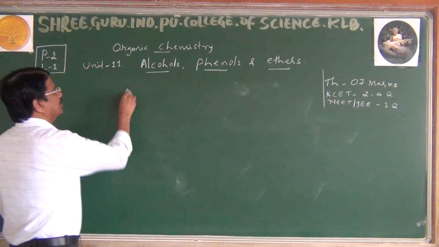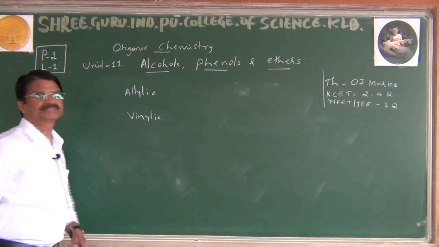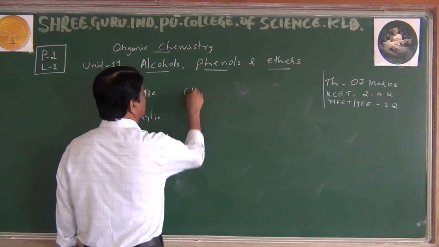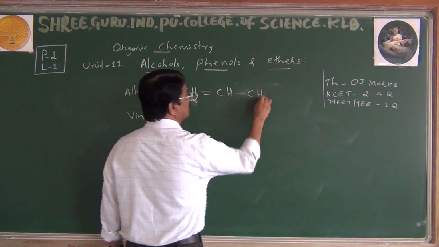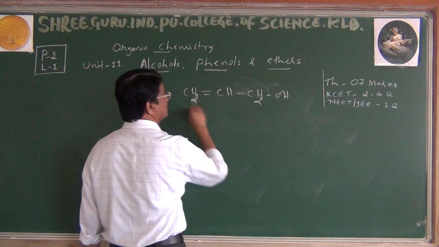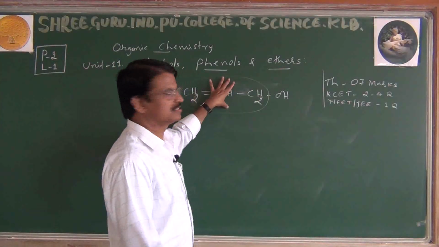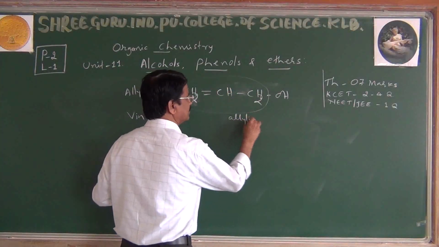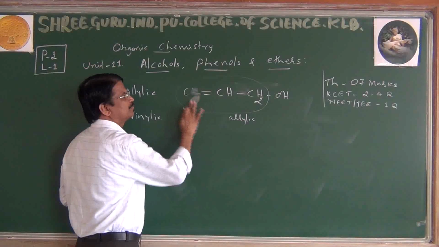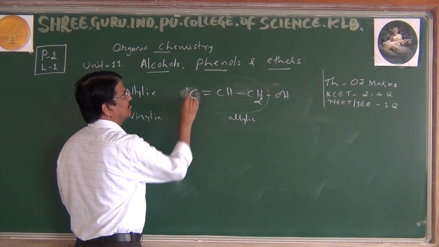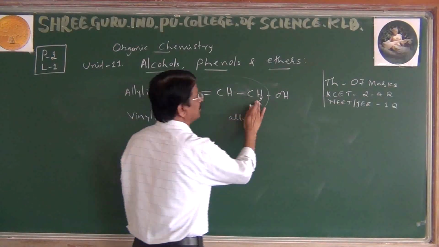They are called allylic alcohols, vinylic alcohols. In case of allylic alcohol, CH2 double bond CH, CH2OH. You know this group, CH2 double bond CH, CH2. This group is named as allylic. Now we can change these two H replaced by any group, R, phenyl group, hydrogen atom, and here also the same.